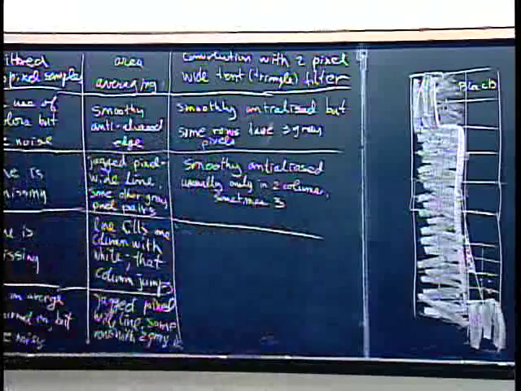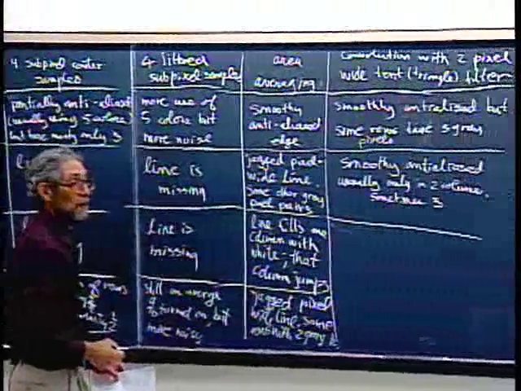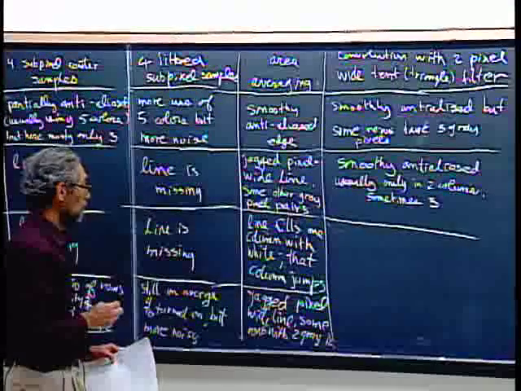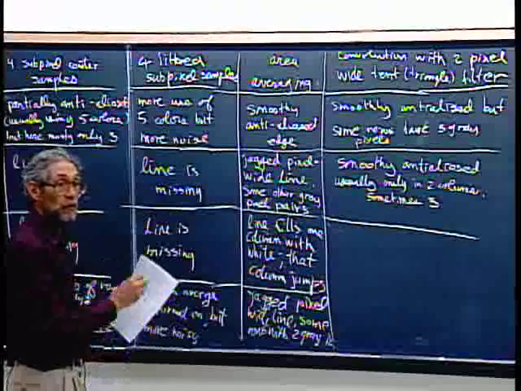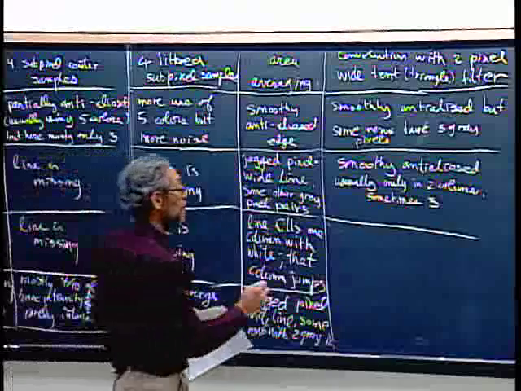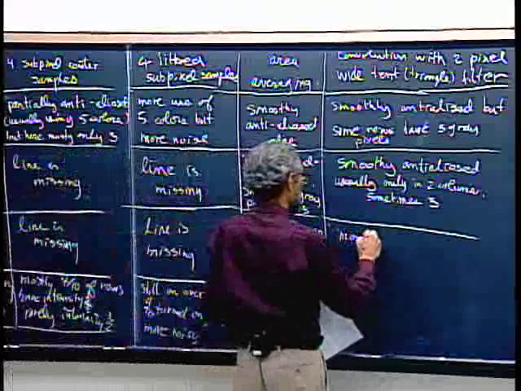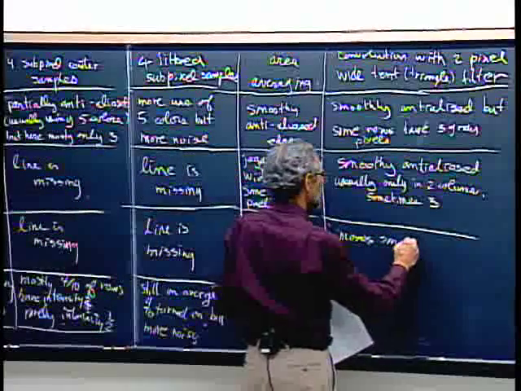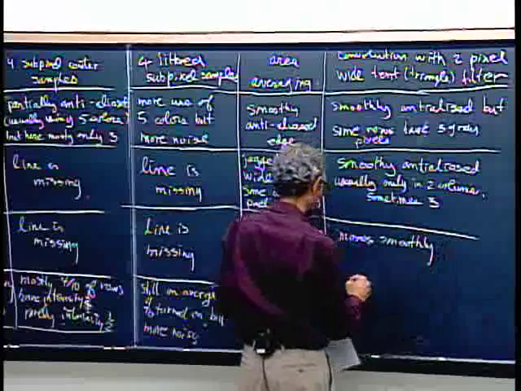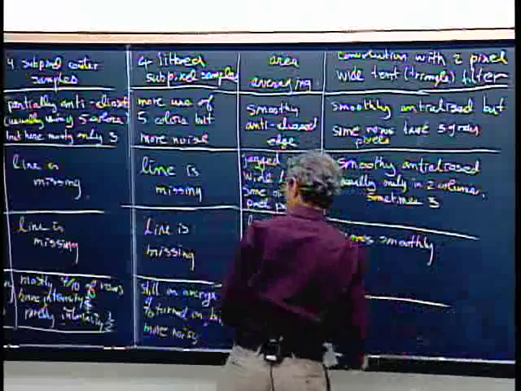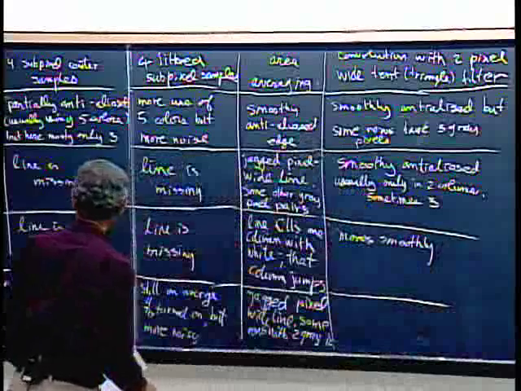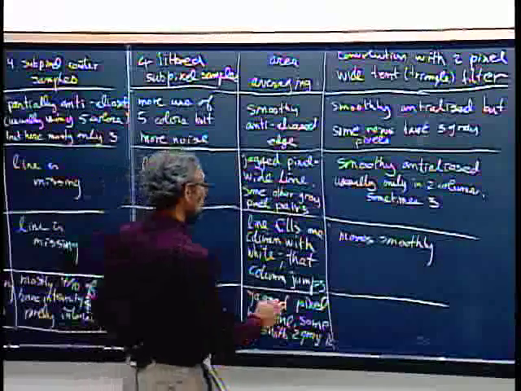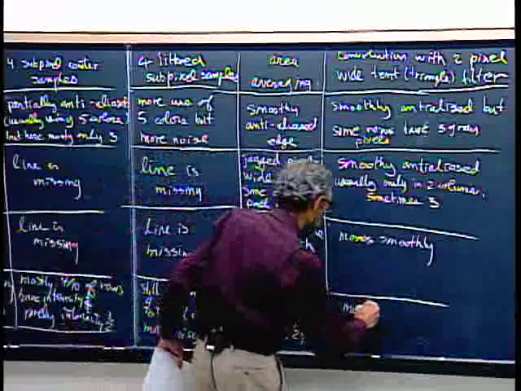Okay, moving a vertical infinitely thin line, it's not going to jump anymore, right? It's going to smoothly move across. And what was my last one? Yeah, this is going to move smoothly too.